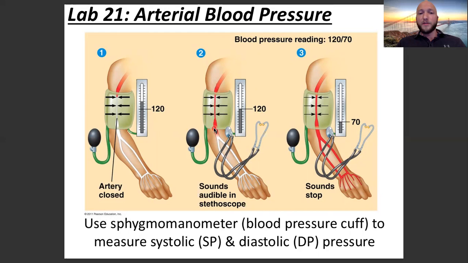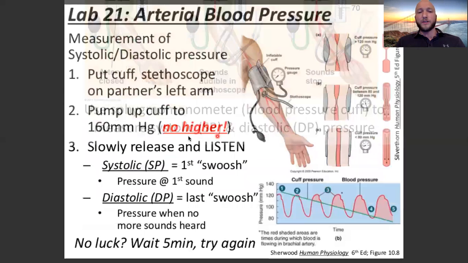And so some blood is going to flow through. When that blood flows through the blood pressure cuff, it's not going to be laminar, it's going to be turbulent. It's going to have eddies in it. We're going to hear it. So at the moment that the pressure is able to overcome the blood pressure cuff, we're going to start to hear turbulent flow distally to the blood pressure cuff. That's our systolic blood pressure.